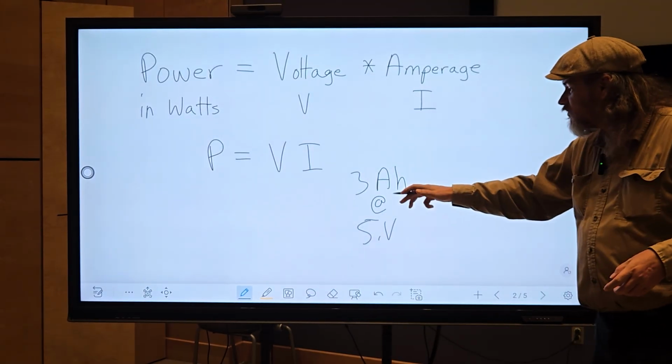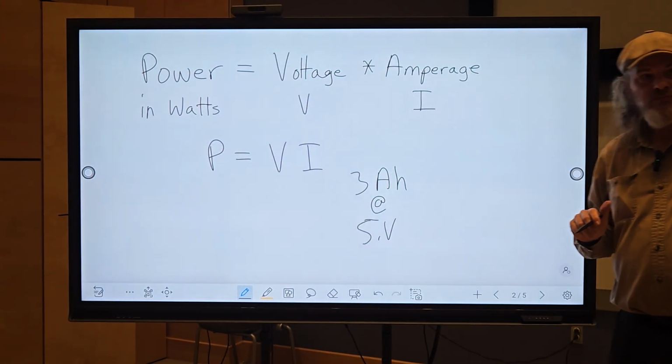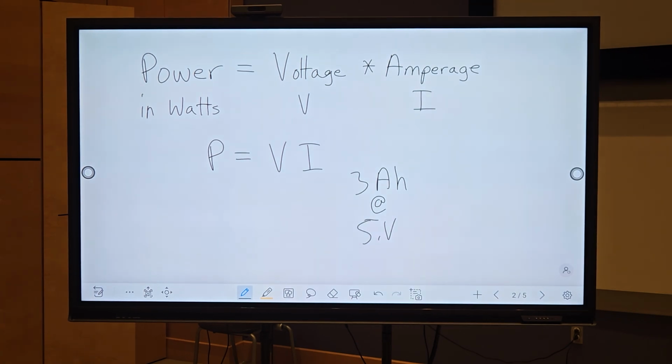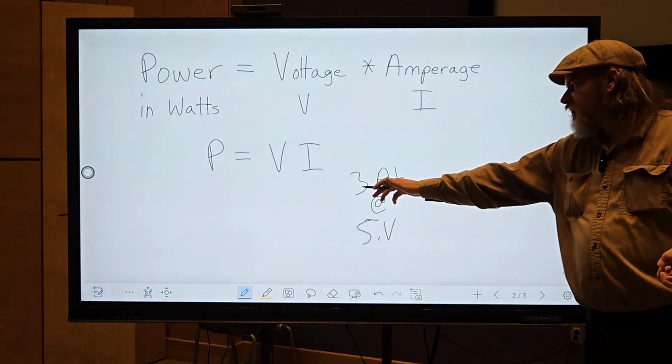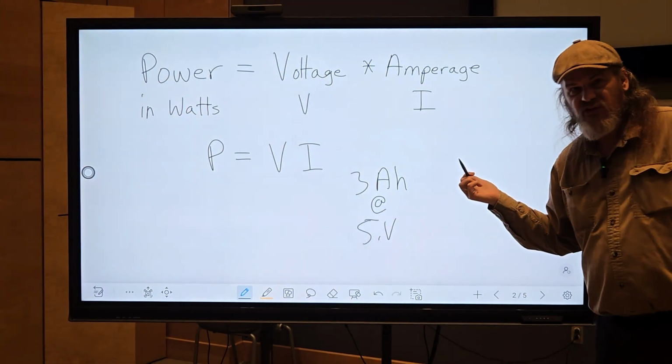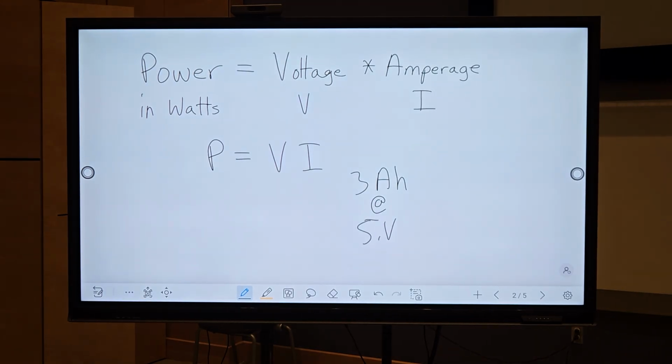That would mean it could deliver 5 volts at 1 amp for 3 hours, as opposed to 1.5 amps for 6 hours. It depends on the current drain.